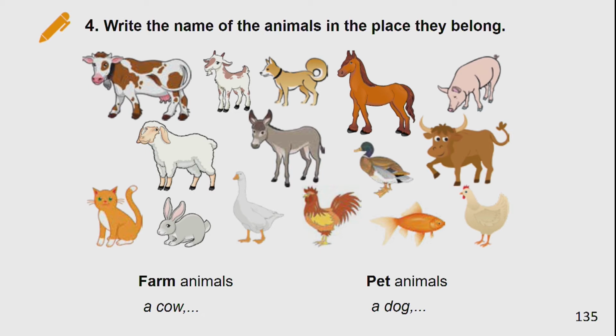Very well, guys. Now listen. These are farm and pet animals. For example, cow is a farm animal. Dog is a pet animal. Now look at the words and write them in the correct categories: farm animals and pet animals.